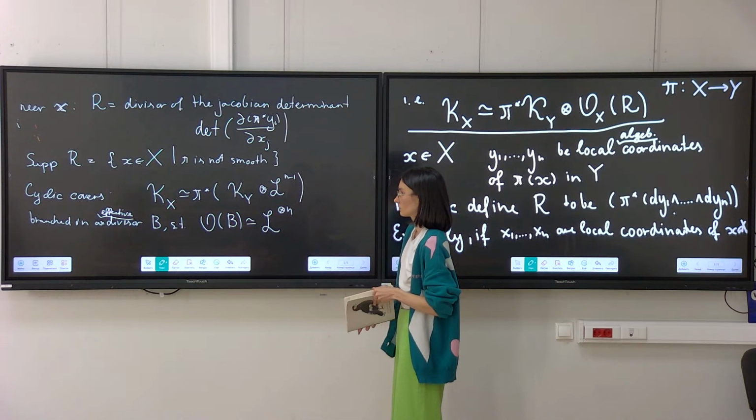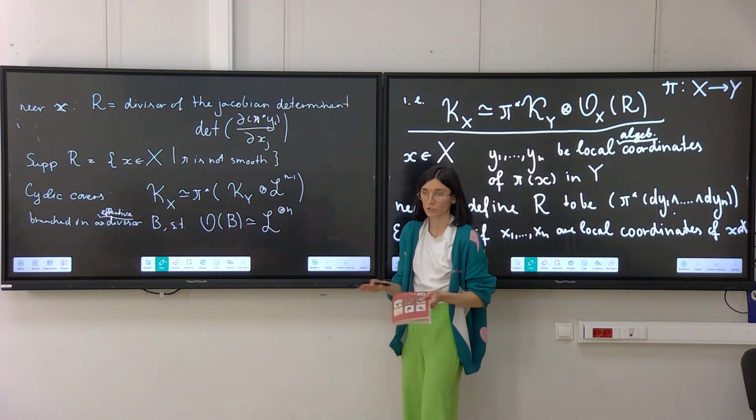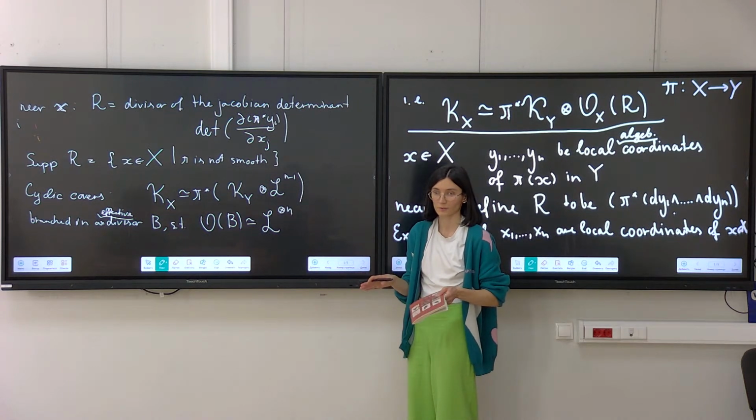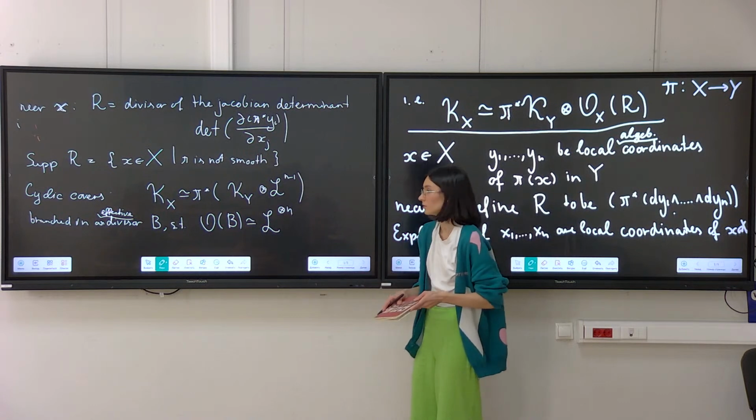But for this we need to define the ramification degree, and maybe I need more than 2 minutes for this. Or we can just ignore all these things, whatever you prefer. Next time, please. Okay.